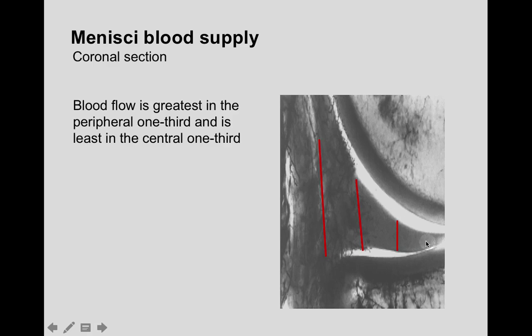So if we have damage to the central aspect of the meniscus, it's not worth trying to repair. Just remove it. It will never heal if repaired. But the peripheral 1/3 is rich in blood supply. You can see that in this histological stain. And so it is much more likely for this peripheral 1/3 to heal if surgically repaired with suture.